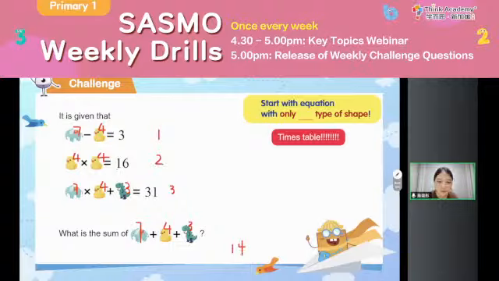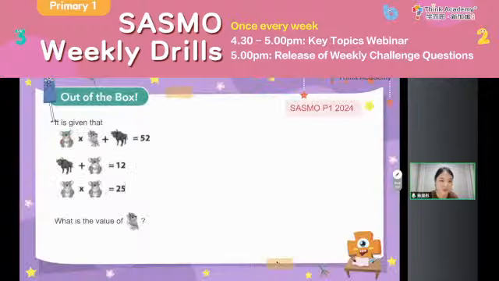Do you want to try some real test questions in SASMO? Okay, everyone, let's see. I prepared some real SASMO questions. This is from SASMO P1 2024. So, before we move on, probably we can quickly review what we have learned just now, right?